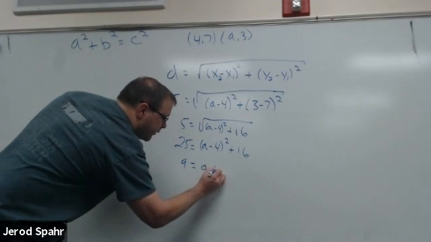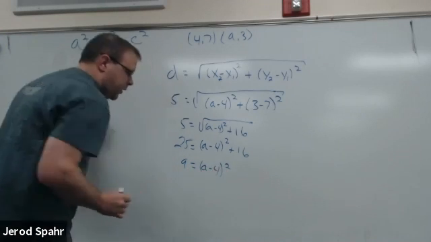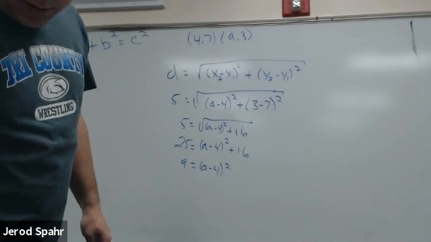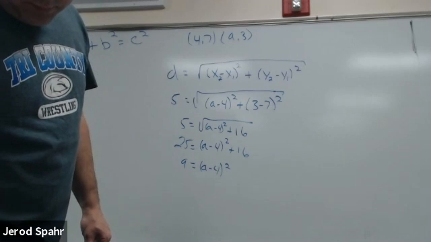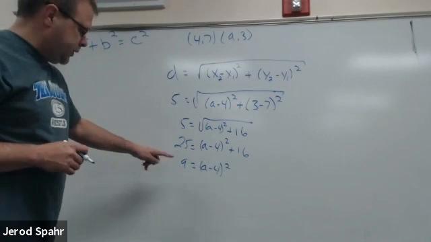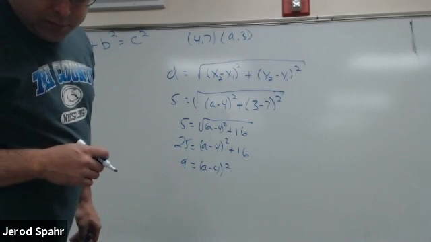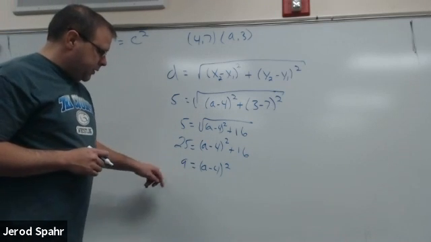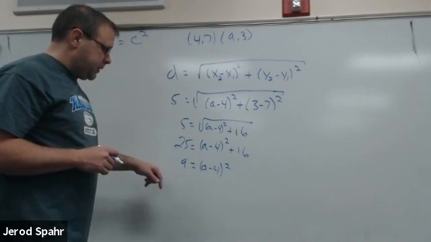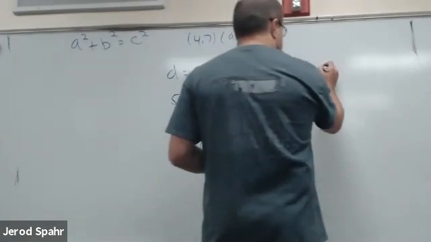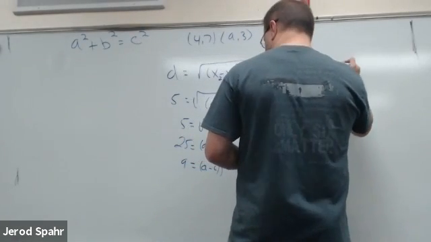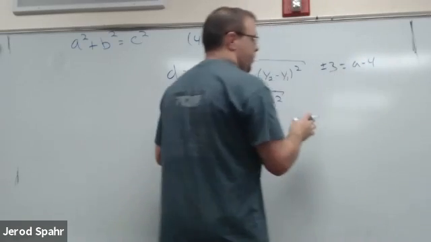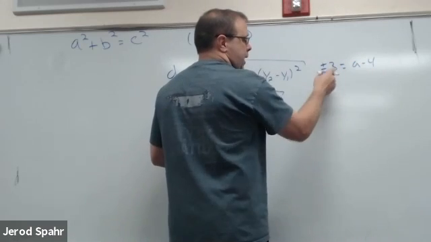9 equals (A minus 4) squared. Right here, I'm looking at that, and I would probably use that law of the perfect squares and just do the plus or minus square root. If I go plus or minus square root, I'm going to add the 4 over there.